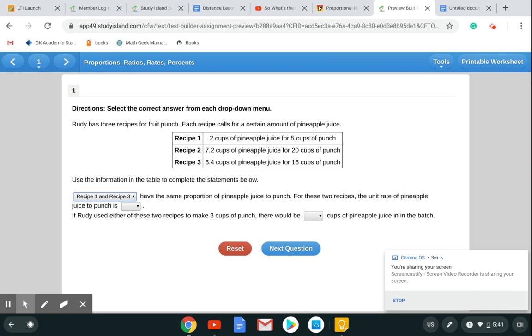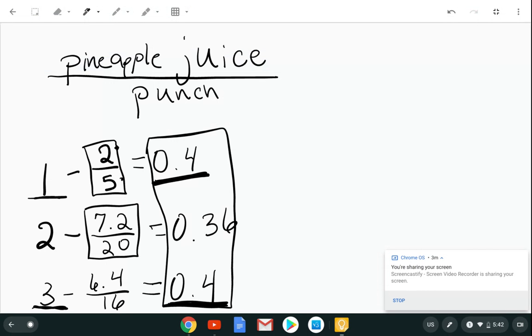Now, for these 2 recipes, the unit rate of pineapple juice to punch is what? Unit rate, what is that? Well, the unit rate is the same thing as these ratios that we just found right here. Okay?